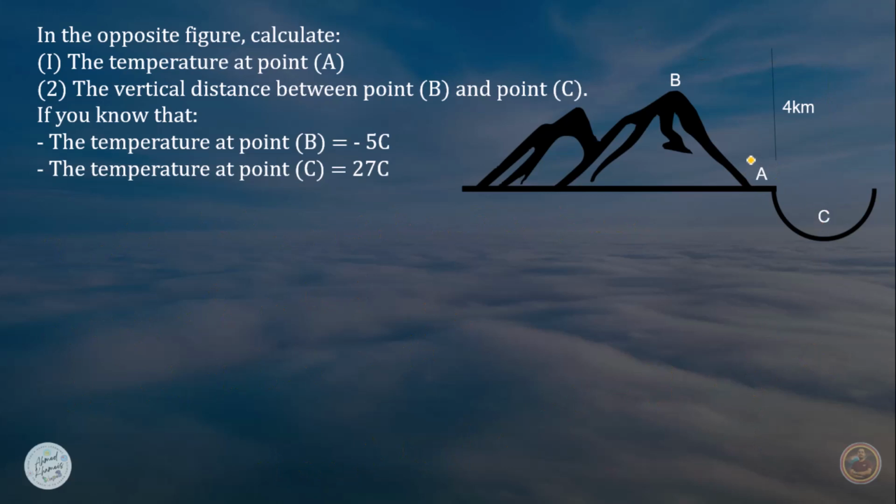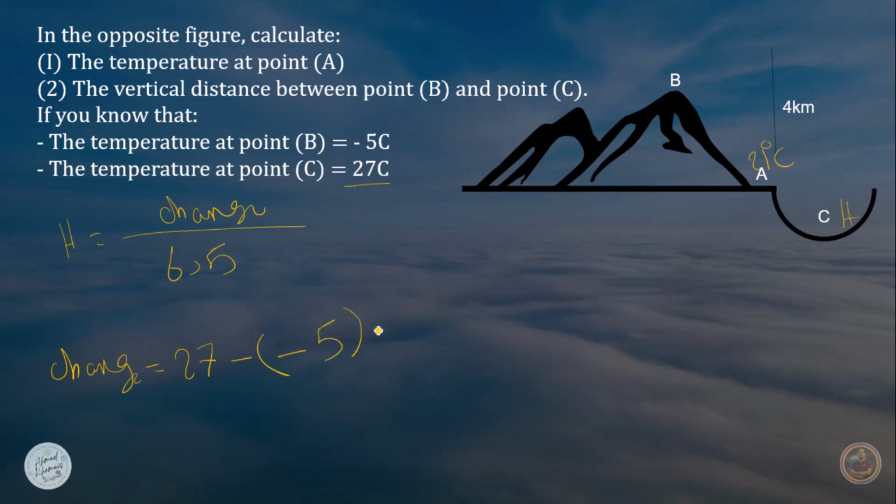The distance between C and B means the height. So the height equals the change in temperature divided by 6.5. The change in temperature equals the temperature at point C, 27, minus minus 5, which equals 32 degrees Celsius.